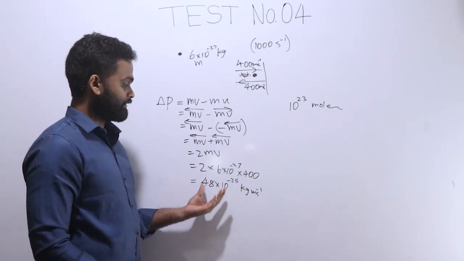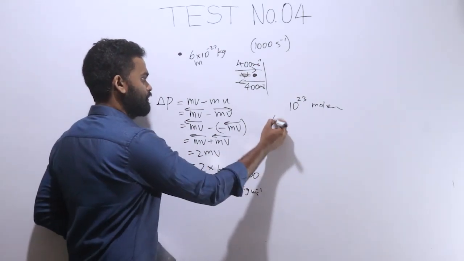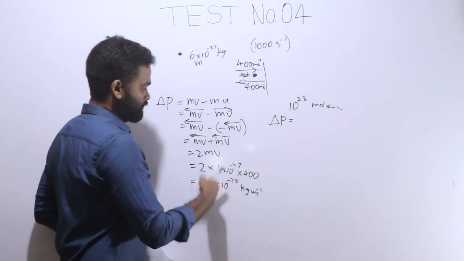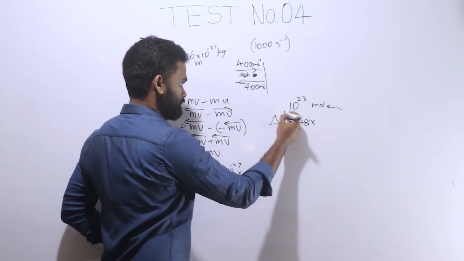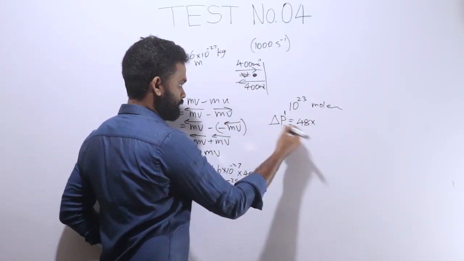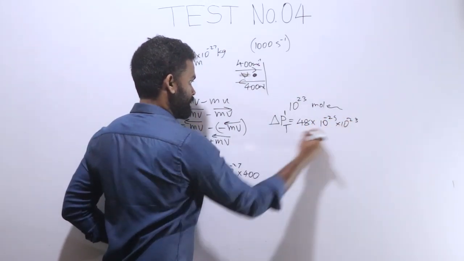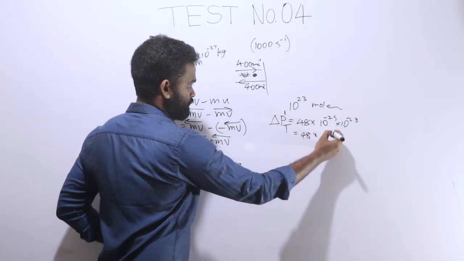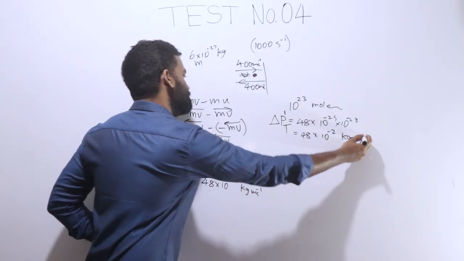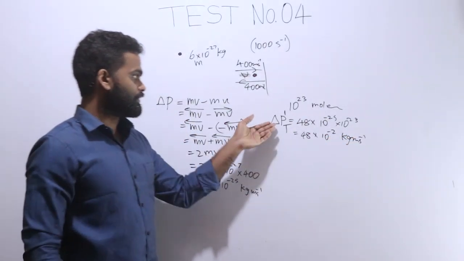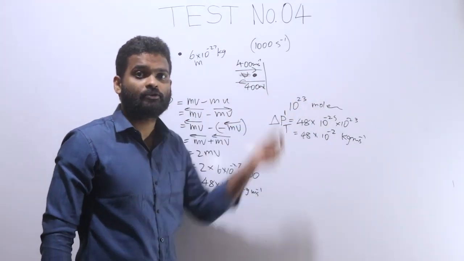Then they say there are 10 to the power 23 such collisions, so you just have to multiply this whole thing by 10 to the power 23. This is the total momentum, 48 times 10 to the power minus 2 kg m s minus 1. This is the change of momentum for 10 to the power 23 molecules.